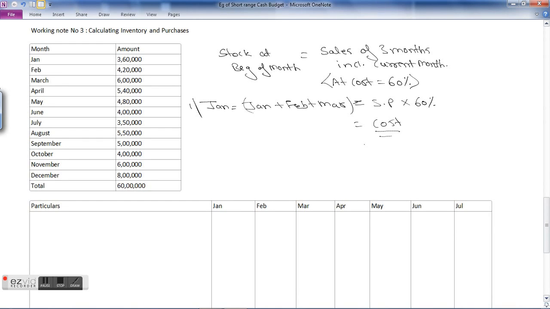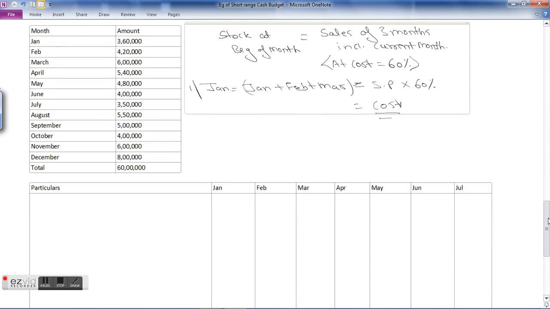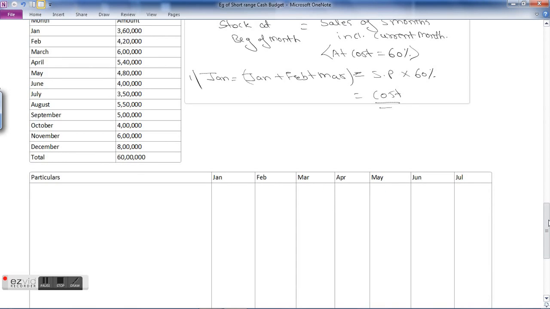Okay, so now let's prepare a statement. Now here is the statement, and for our convenience I have copied the month and the amount of sales during that month. Okay, so first, stock required on the 1st of each month, we'll calculate that.